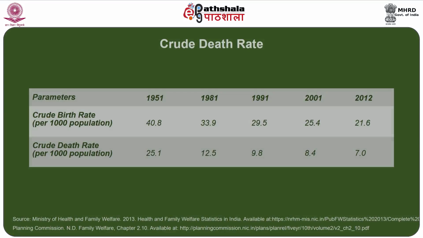If we take both together, which is expressed as a natural increase, it can be seen that the vital rates are both showing a steady decline over a period of time. For instance, the crude birth rate, which was as high as 40.8 in 1951, has come down to 21.6 in 2012, whereas the death rate, which was very high at 25.1 in 1951, has come down to 7.0.